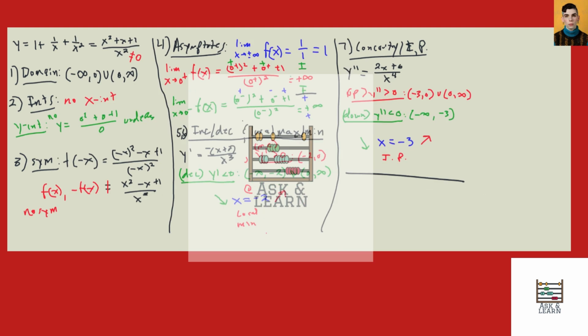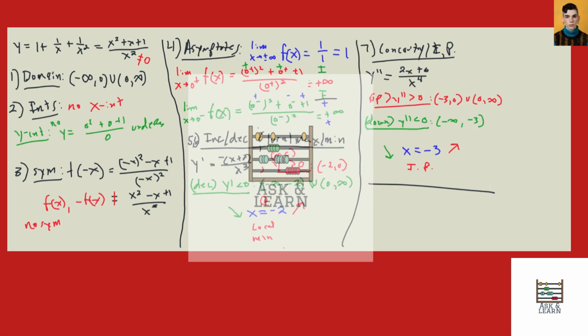All right, now that we have all that, the next thing they tell us we should do is go ahead and graph. All right, so we are told we have no intercepts. We have no symmetry. So let's go ahead and plot our asymptotes. So we found the end behavior is supposed to go to 1, so we have a horizontal asymptote at y is equal to 1.